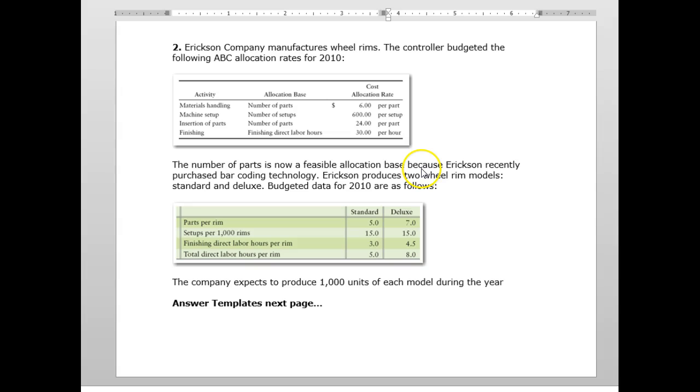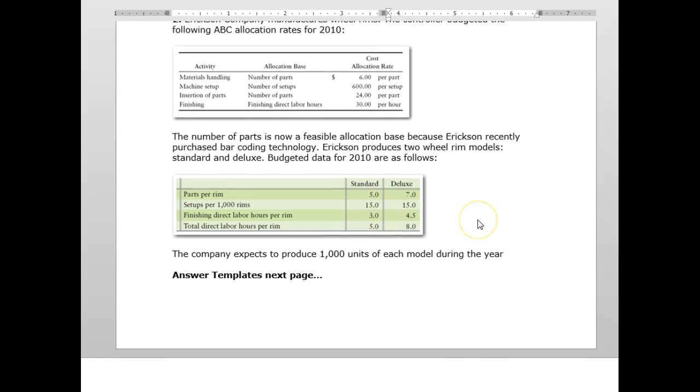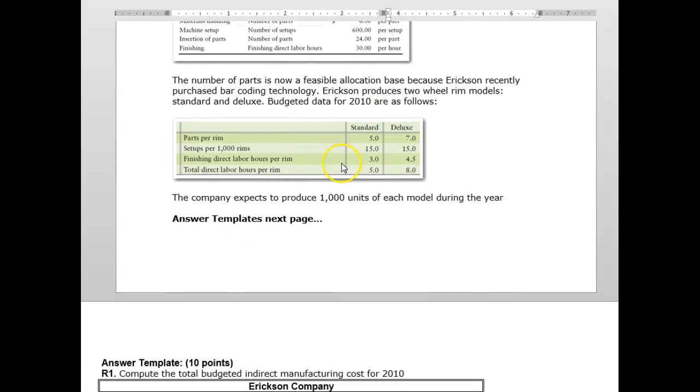They're going to give you the number of parts, and then the budgeted data: parts per rim, setups per 1,000 rims, so you have to break that one down, so don't forget. Then finishing direct labor per rim.